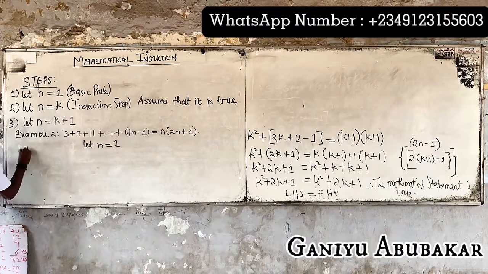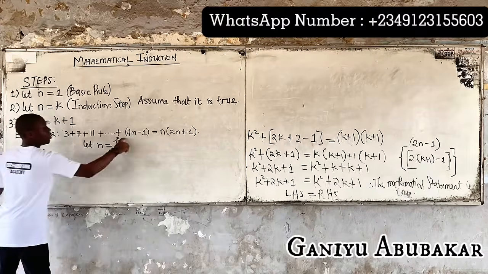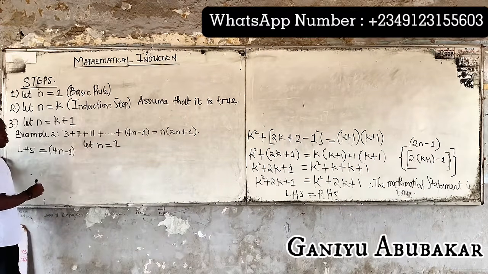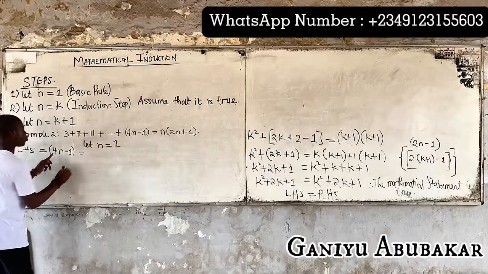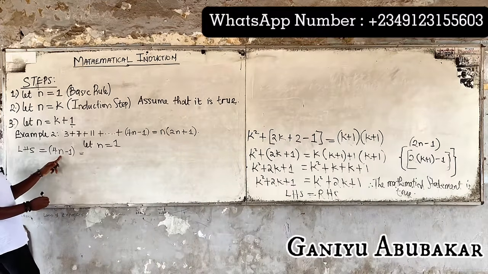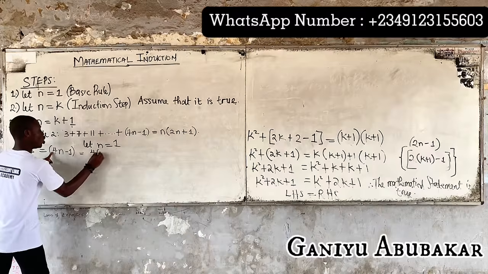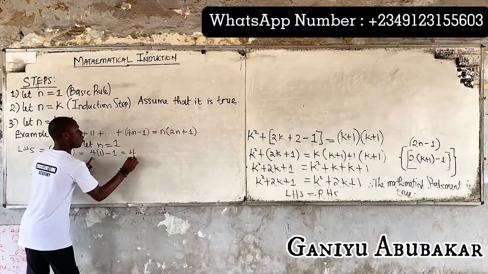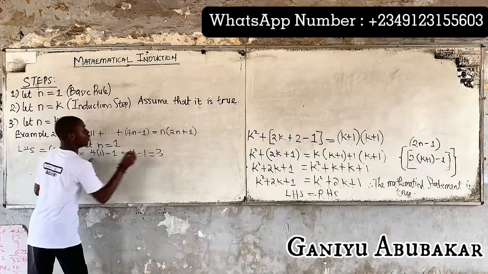My left hand side is 4n minus 1. Put there 1. That becomes 4 into 1 minus 1. This gives 4 minus 1, which is 3.